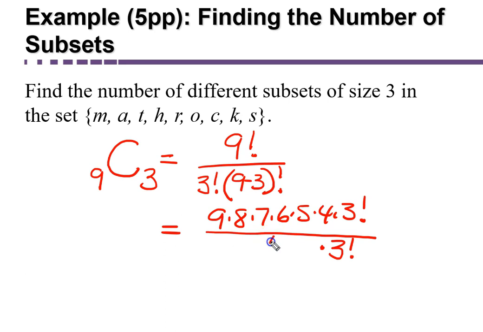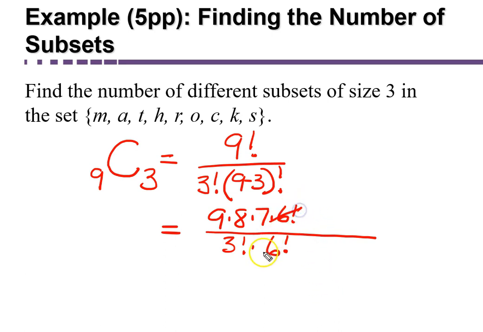So I'm going to change my mind. I'm going to do 3 factorial here after all, and you'll see why in just a moment. Okay, so notice that if I eliminate all of this here, this is 6 factorial. That's the better way to do it.